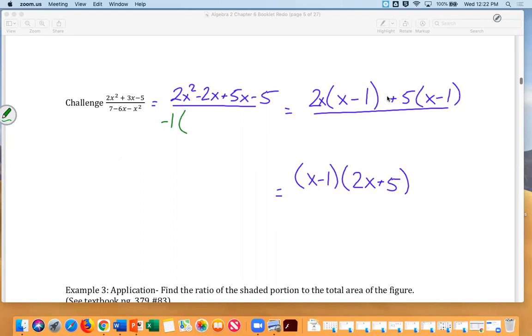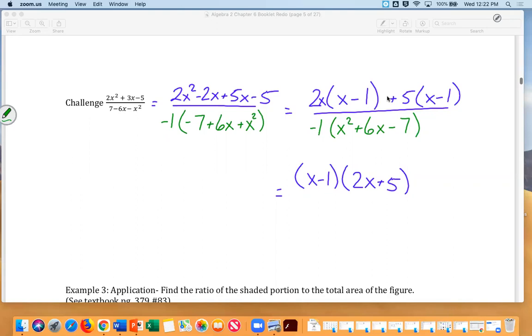7 divided by -1 is -7. -6 divided by -1 is +6. Negative x squared divided by -1 is positive x squared. Well, look what that did. It just flipped my signs. And if I rewrite that with x squared first, see?